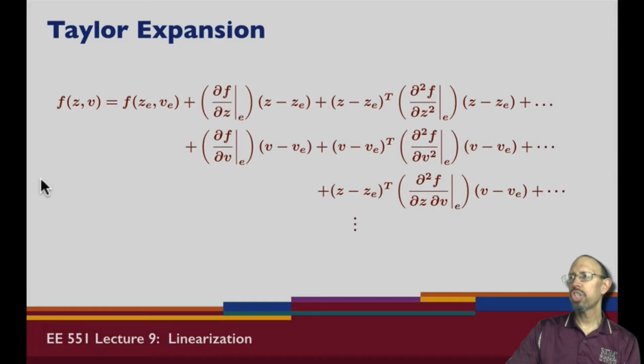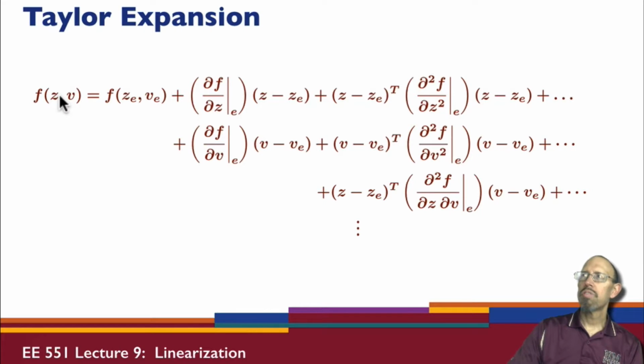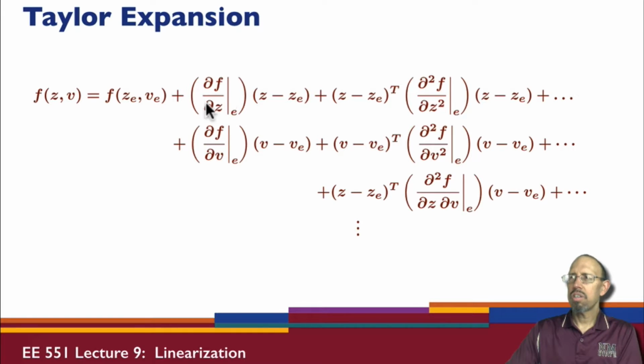Now we take our function, which is a function of both z and v, and remember z in general is a vector, v in general is a vector, and we can write out a Taylor expansion for many different kinds of nonlinearities. What I'm showing you now is a particular type of linearization. It uses the fact that our system may be smooth, that is, I can actually do a Taylor expansion.